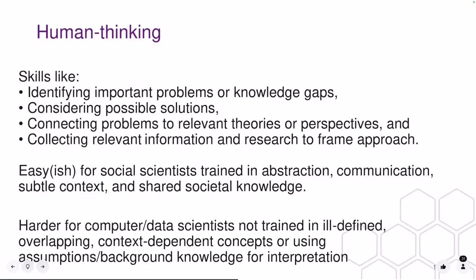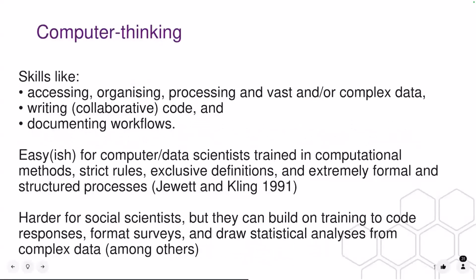Now we're going to cover why you also need those computer thinking skills. So computer thinking skills, what do you need? So you're going to need skills like the ability to access, organize, process, and handle vast or complex data. You're going to want to know how to write collaborative code, and also how to properly document your workflow, which is often a step that people neglect.